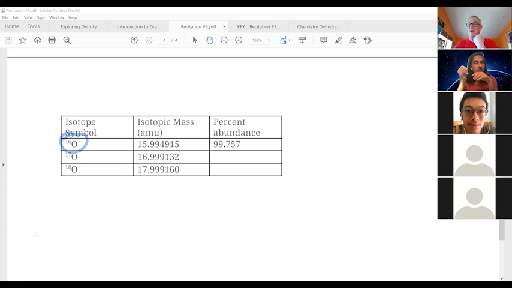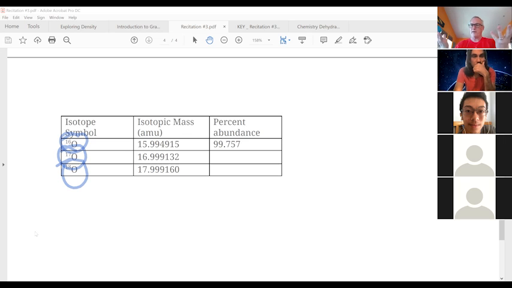But when we breathe in oxygen, we breathe in a little CO2 as well, obviously, especially if you're huffing the tailpipe or something. But when we breathe in oxygen, we're breathing in a mixture, right? We're breathing in O16, O17, and O18. They're all mixed together. We can't separate them in nature.